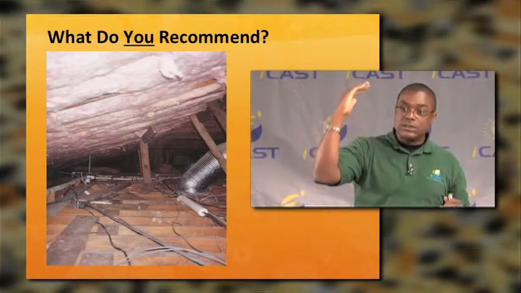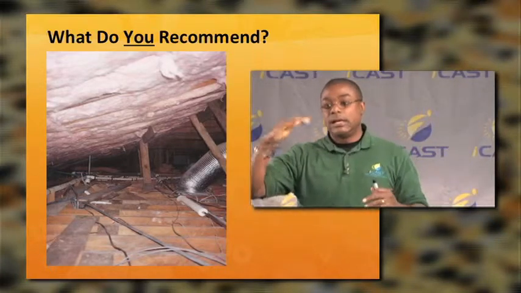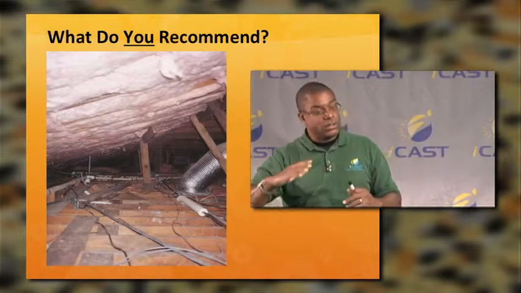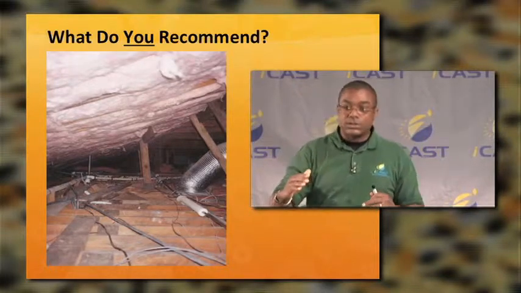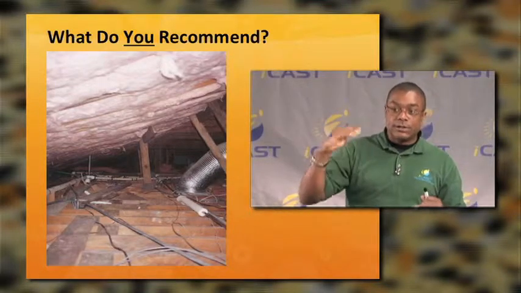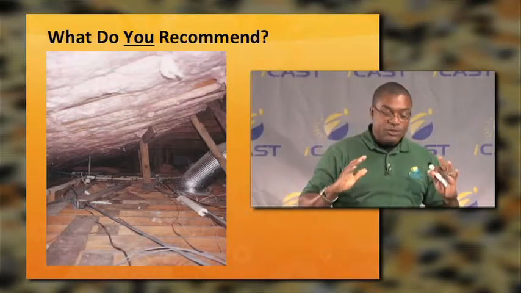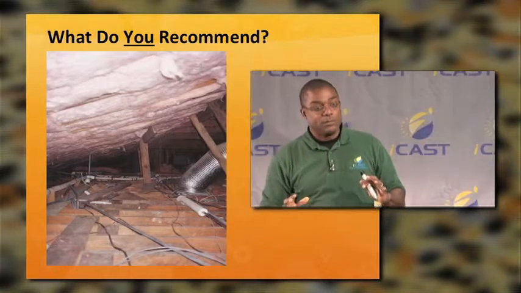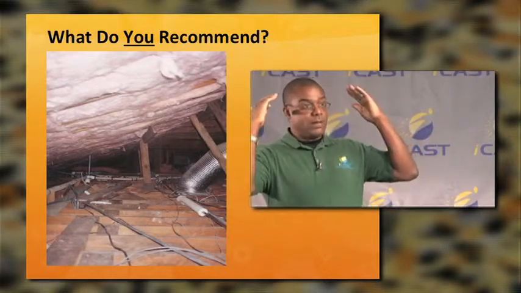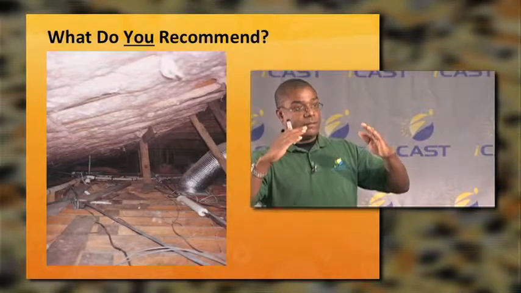So if you insulate at the roof line, as long as the roof line is well air sealed and there's a continuous thermal barrier, and that's aligned with the air barrier, theoretically it's fine. But here's the problem that I have with insulating and putting the air barrier at the roof line.